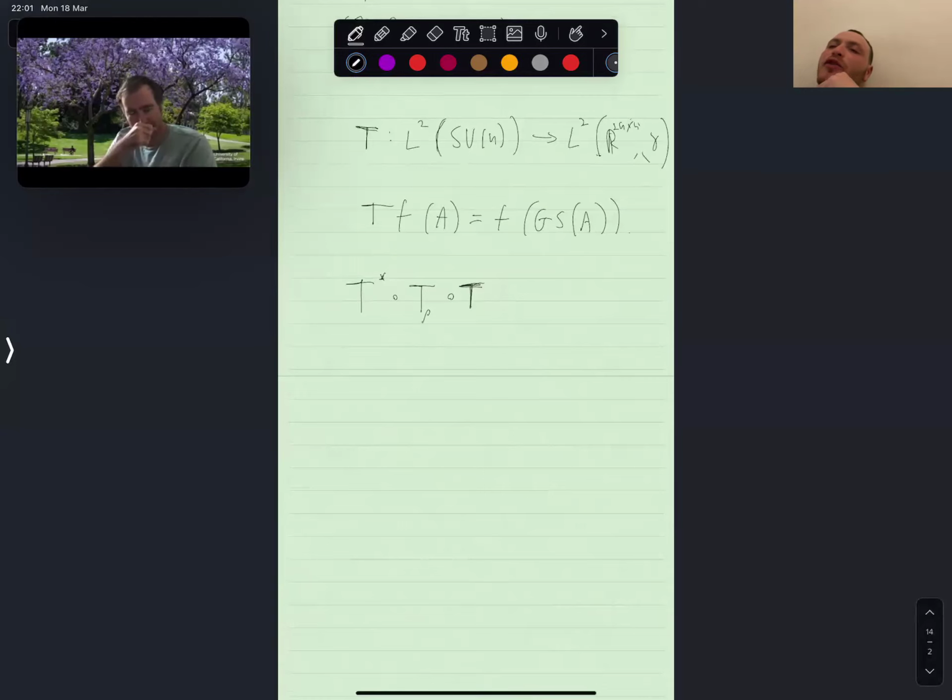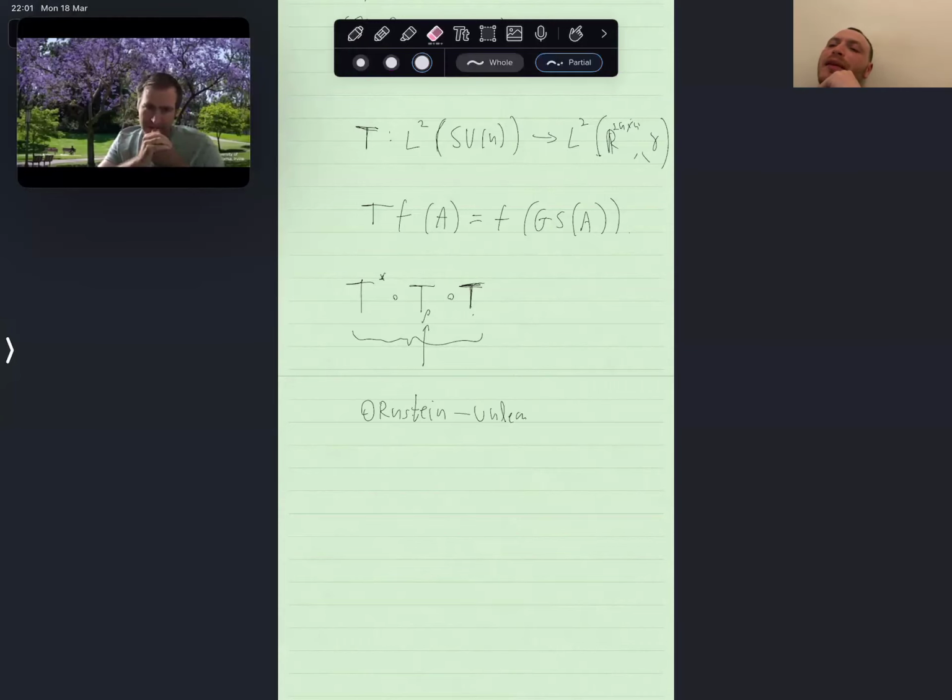This automatically implies that T and T star are contractions with respect to every Lp norm, so this operator is hypercontractive, where T rho here is the Ornstein-Uhlenbeck operator.